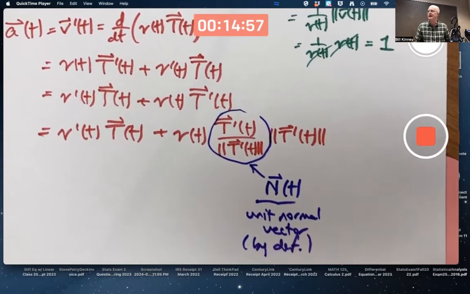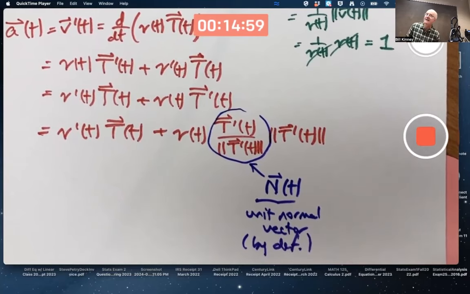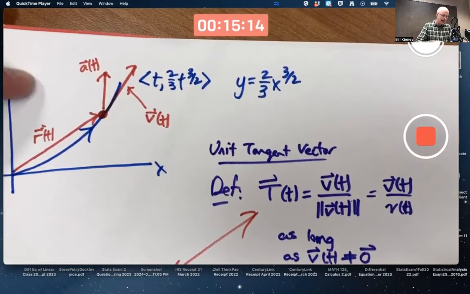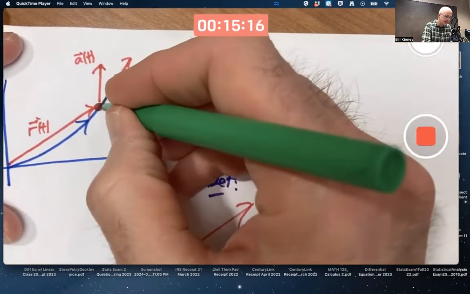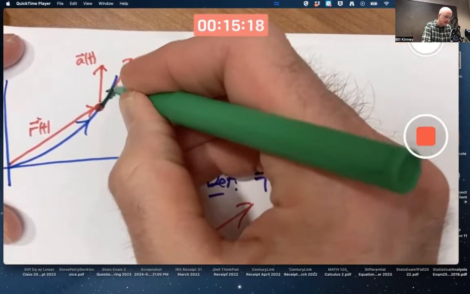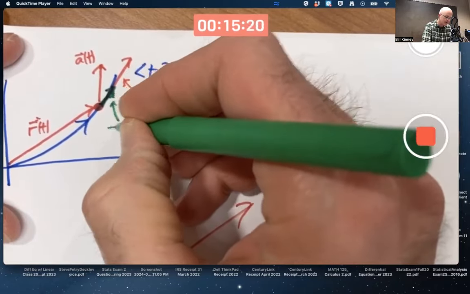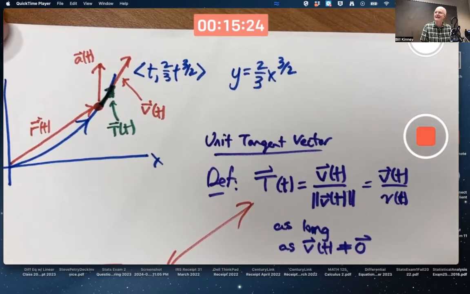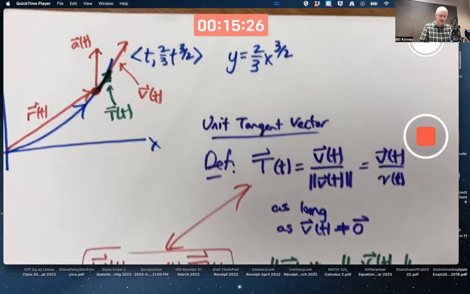Normal vector. Is it perpendicular to capital T? Yes, it is, though that takes proof. Coming back to the picture, capital T prime is parallel to V and of unit length. Maybe that's capital T. Where is capital N in this picture?